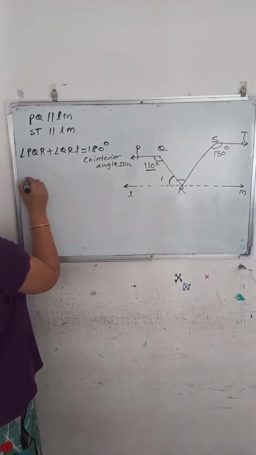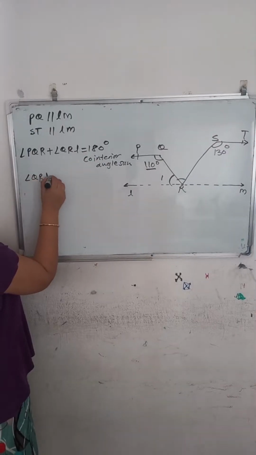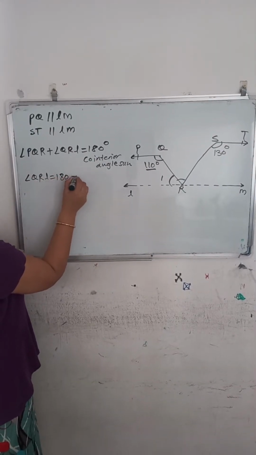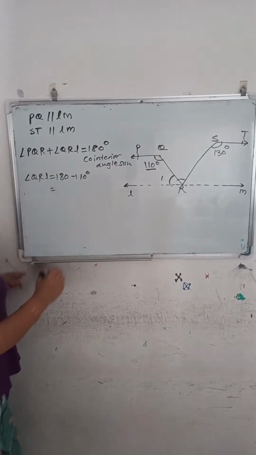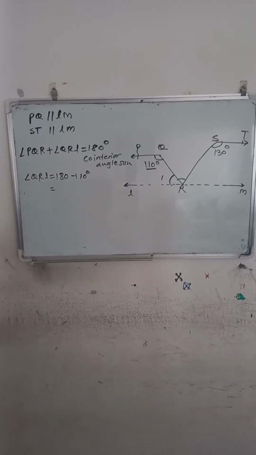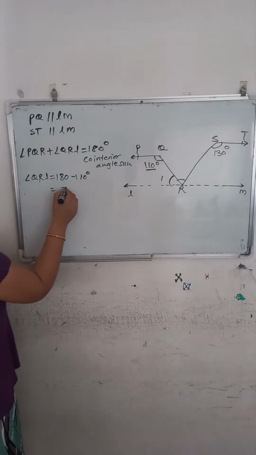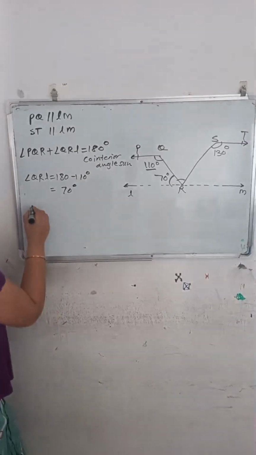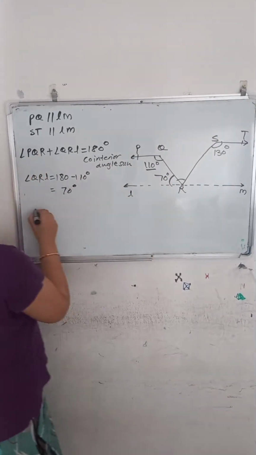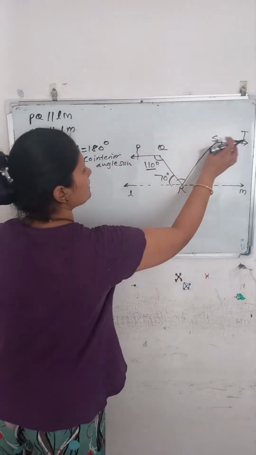So angle QRL is equal to 180 minus 110, because PQR value is 110. So 180 minus 110 is nothing but how much? 70 degrees.